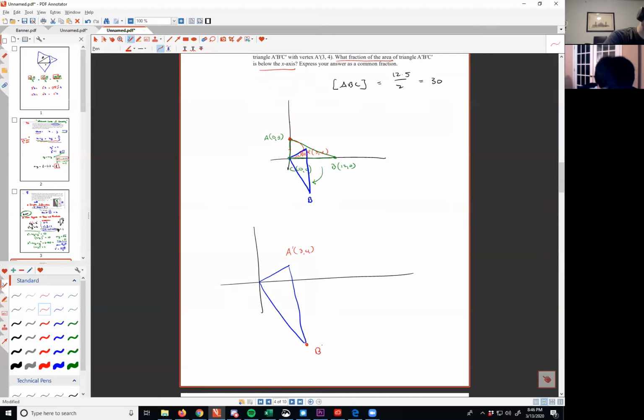Do we need B prime? There's probably different ways to work this problem. We have a right angle in case we need it. That's still 5, that's still 12, that length is still 13.